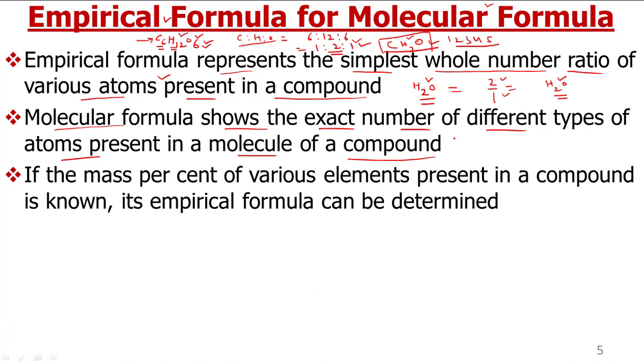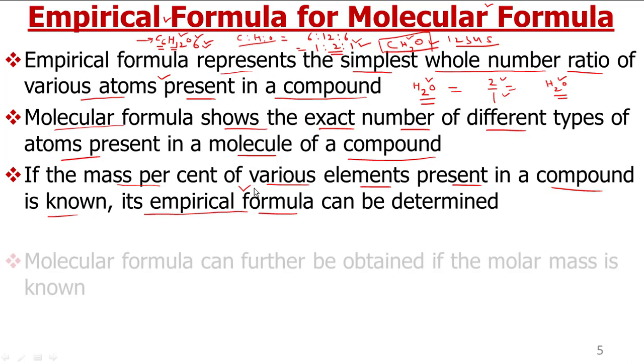Now if the mass percent of various elements present in a compound is known, like percentage composition known, we can find the empirical formula. I already told you in my previous slide that the percentage composition can be used to find the empirical formula of a compound.